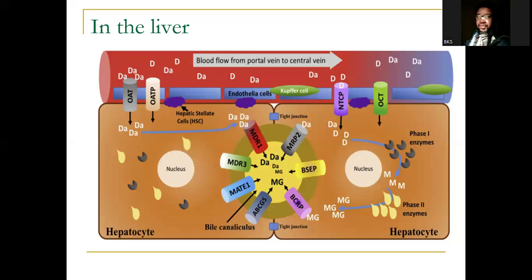So where are they taking them out? They are taking them into what we call the bile canaliculus, a site into which these substances can be transported and then emptied into the bile. Inside the bile is not only the bile salts and the bile acid.